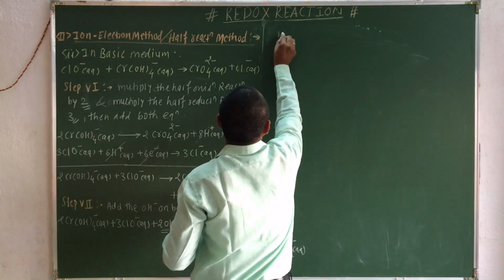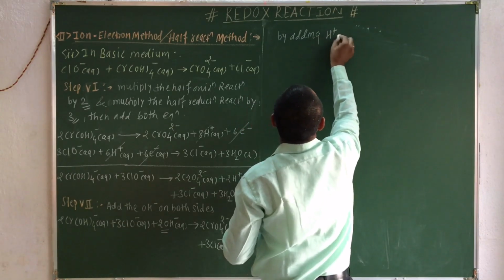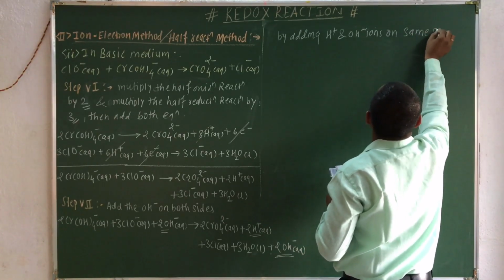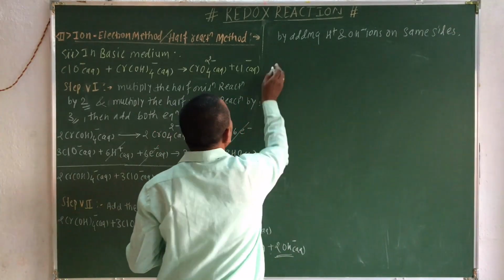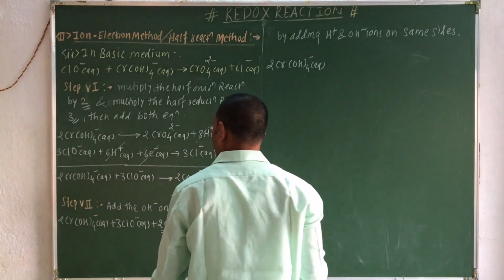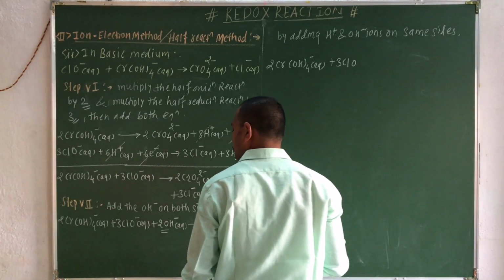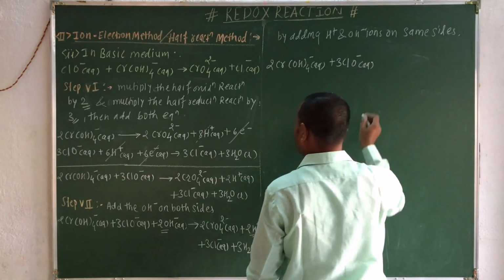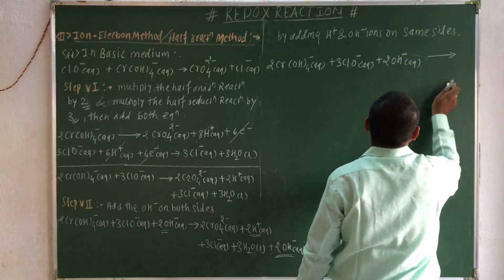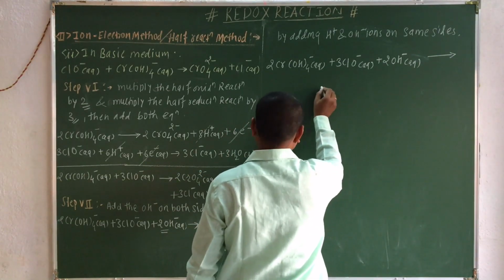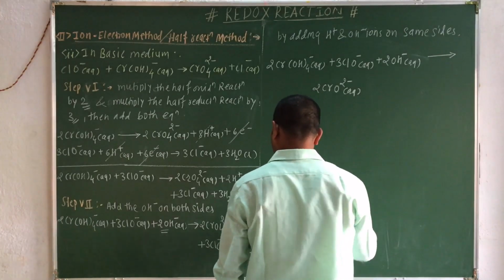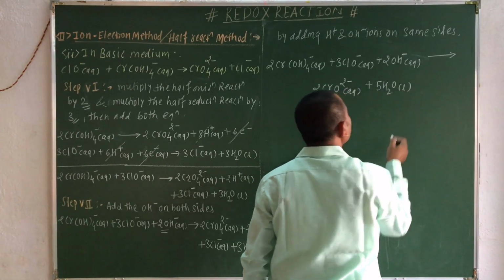So now by adding H⁺ and OH⁻ ions on the same sides, the equation will be modified as 2 Cr(OH)4⁻ aqueous plus 3 ClO⁻ aqueous plus 2 OH⁻ aqueous gives, I will write down this equation below here, 2 CrO4²⁻ aqueous plus 5 H2O liquid.